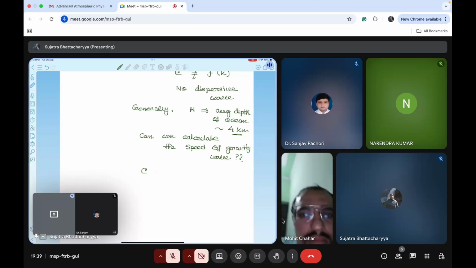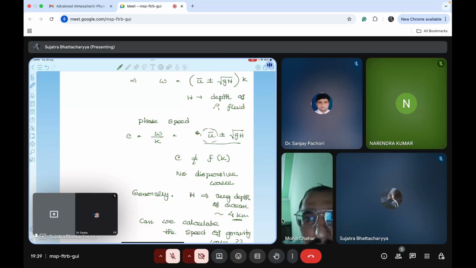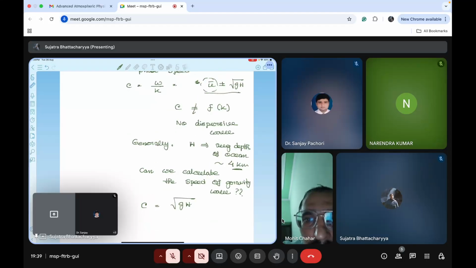So this c will be equal to root gh. Don't worry about u bar. Whenever you are asked to calculate the phase speed of the gravity waves or of any wave, just assume this u bar to be zero for the time being, because the phase speed is actually coming from this.